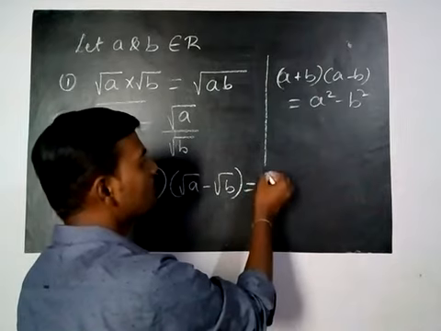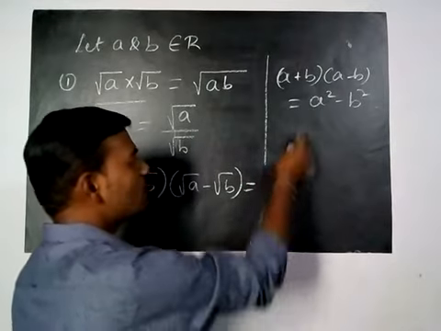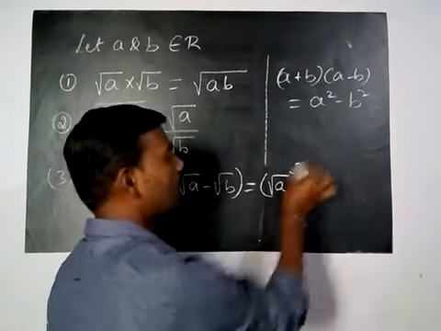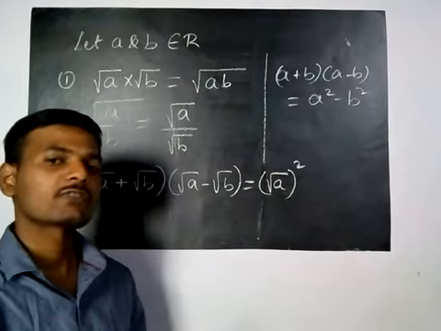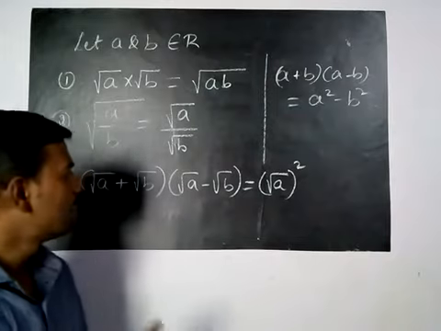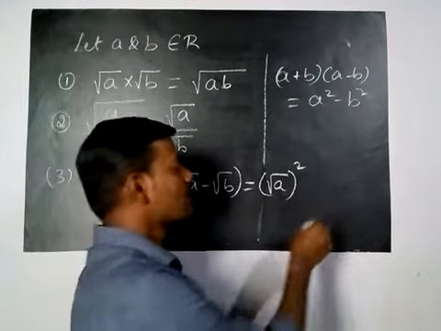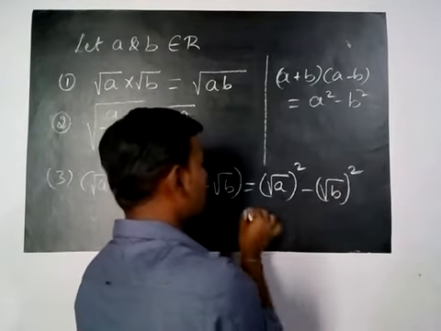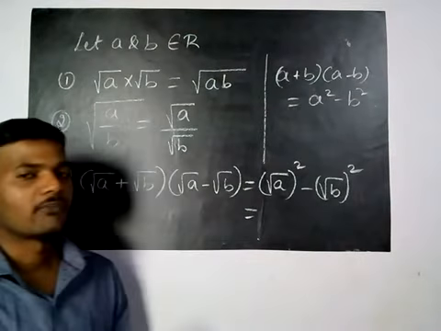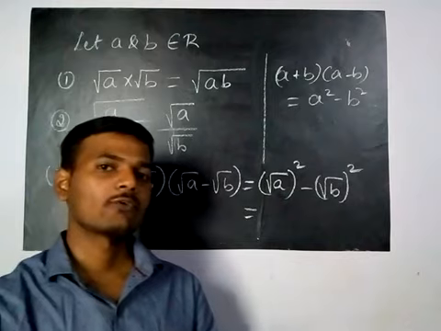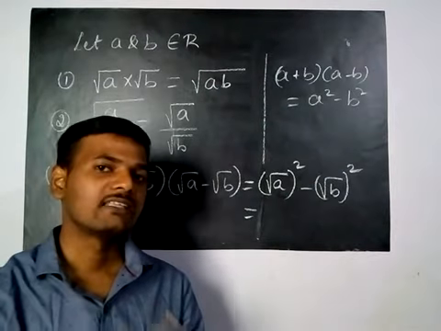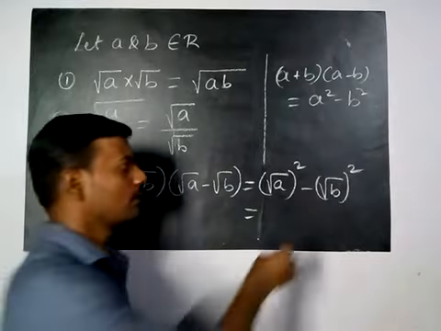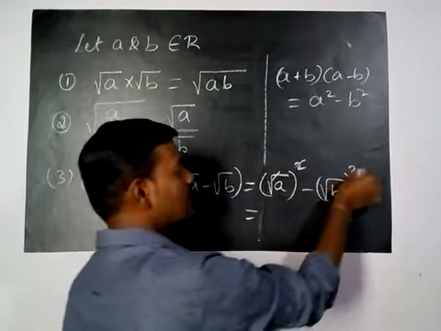This is equal to a square, and a square means square root a whole square, minus square root b whole square. I said already, whenever a number having a square root is squared, the square and the square root cancel.